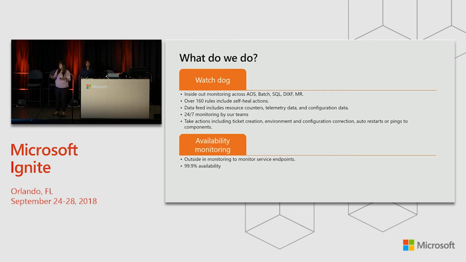Some of the rules are configured to create alerts if it's not something that the rule can auto-mitigate. In that case, it collects all the information that it needs and creates a ticket for our internal engineering team to investigate and start looking into, even before a customer can report the issue.